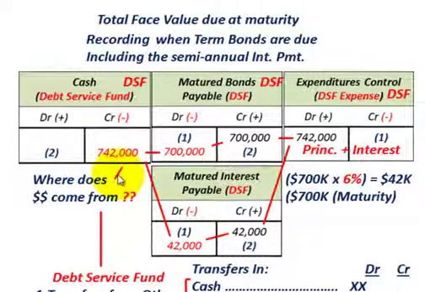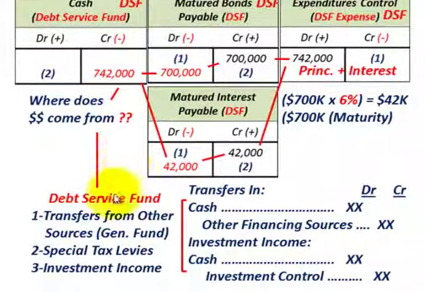Okay, so in the debt service fund, where did the money come from? You're going to have transfers from other sources like the general fund and other funds into your debt service fund, or you may have some special tax levies, or you could have some investment income.